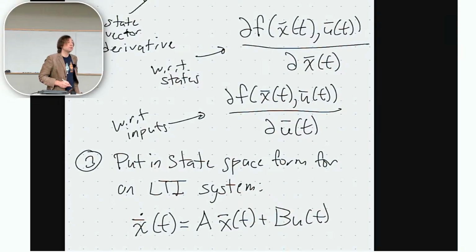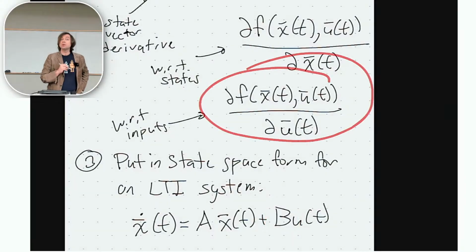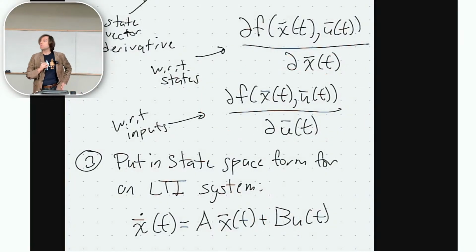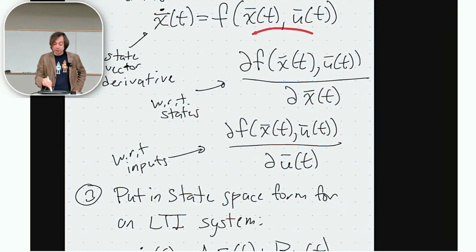It's that Jacobian. That B matrix, it's that. One little catch. You have to plug in your operating point, your fixed point. Remember, you still have variables in here potentially. If you still have states in there, plug in the fixed point for that state. If you still have an input in there, plug in the fixed point for that input.